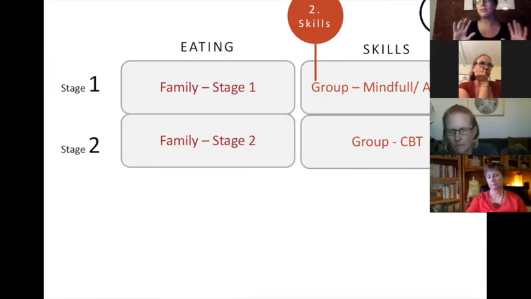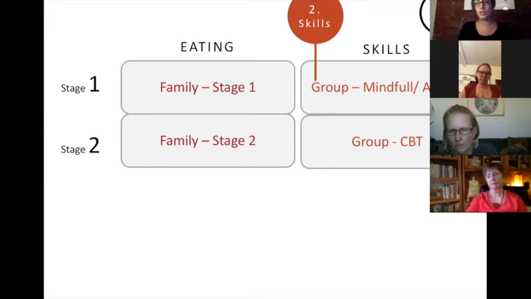So we, similar to DBT, take the approach of, okay, if thinking in this Socratic way isn't something that a person's able to do, let's focus on mindfulness. Let's focus on acceptance. To some extent, let's focus on dialectical thinking, because you can move the needle when someone's thinking very dichotomously with those kinds of approaches. So rather than introducing CBT-E or CBT skills in stage 1, we have a mindfulness and acceptance group.